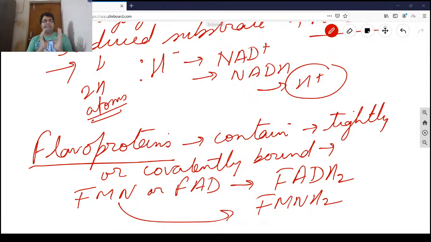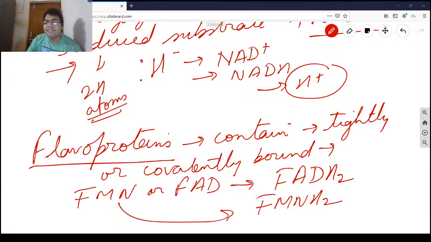So what we have is electron acceptors, or electron carriers. The mitochondrial respiratory chain consists of a series of sequentially acting electron carriers, most of which are integral membrane proteins present on the inner mitochondrial membrane, and they also contain prosthetic groups capable of accepting or donating either one or two electrons.